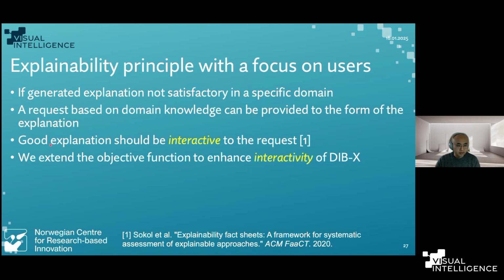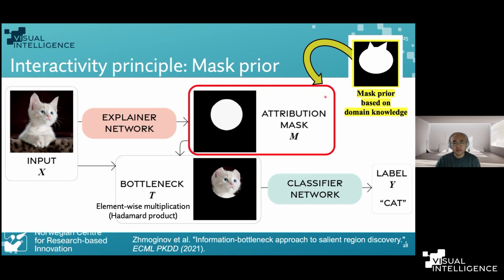So I would say that a good explanation should be interactive to the request. In order to achieve this principle, we extend the objective function to enhance the interactivity of our method, DIB-X. So this is an additional mask prior that we can get, let's say for some reason, or we can learn that all cats have very pointy ears. And then we can create this sort of pointy mask as a mask prior, and then we can incorporate the explanation.